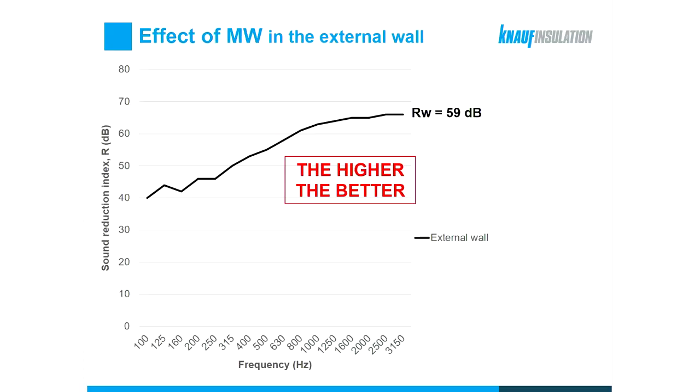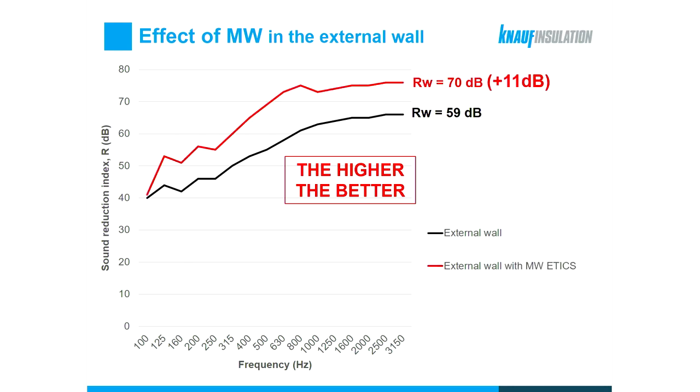So this is how the sound insulation graph of our base wall, the external concrete wall, looks like, with the Rw value of 59 decibels. If we add the facade system, the attic system with mineral wool, to the external wall, we will provide an increase in airborne sound insulation, so an increase in Rw value of 11 decibels, from 59 to 70.